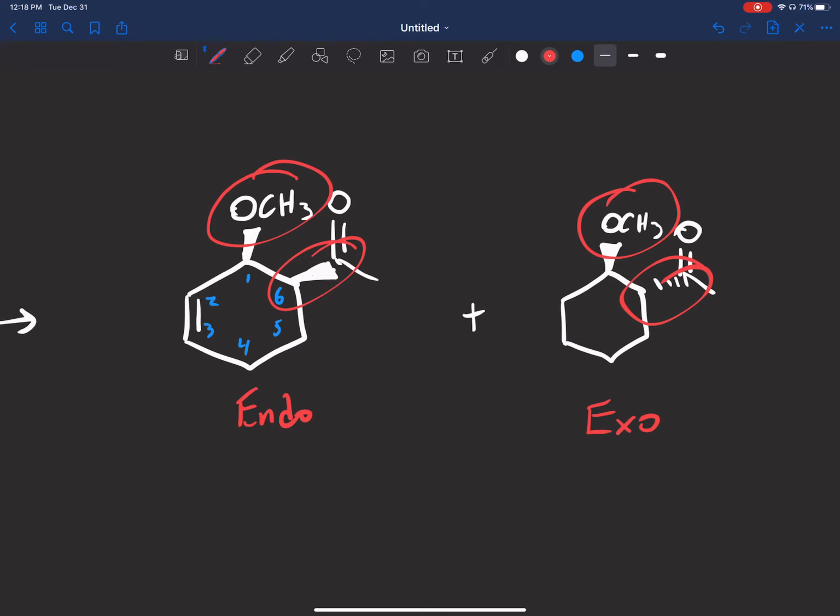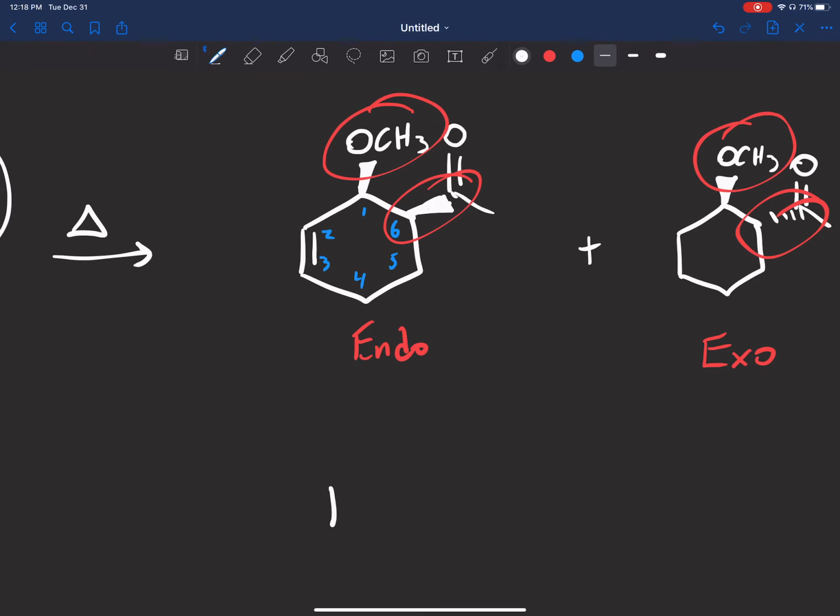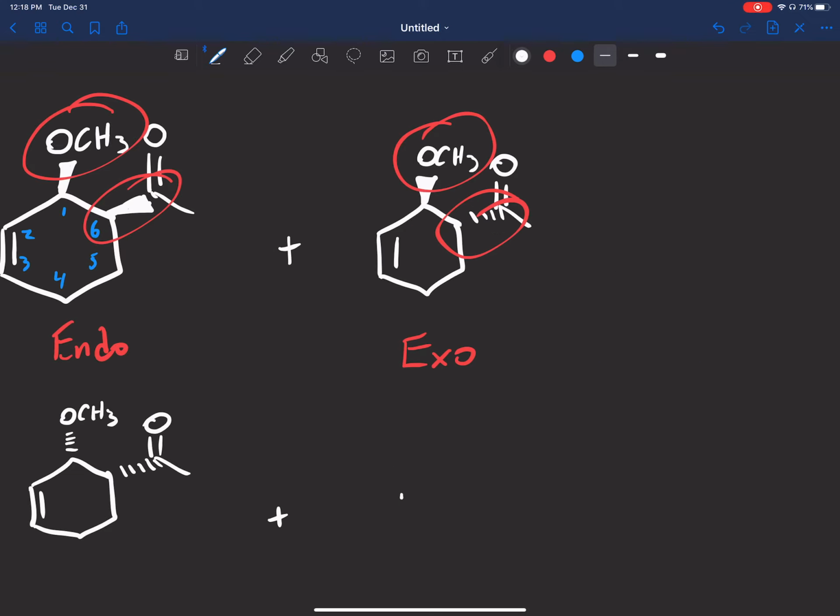They also have their own enantiomers, so you're going to get, and I didn't draw the double bond there, right? Plus, all right.